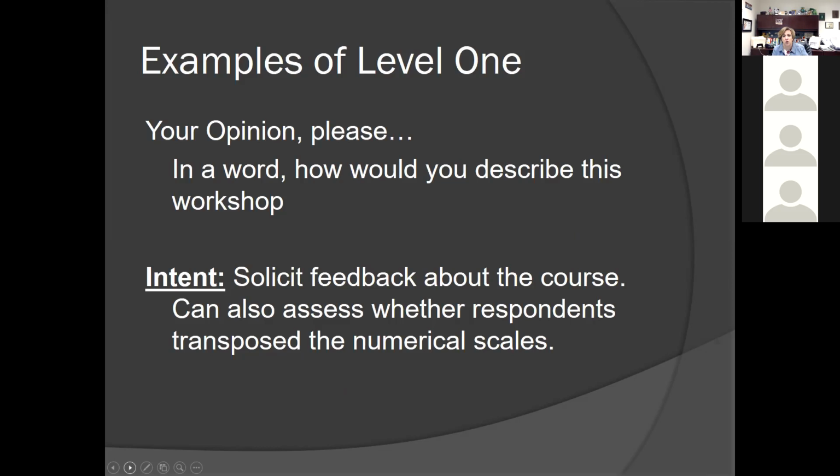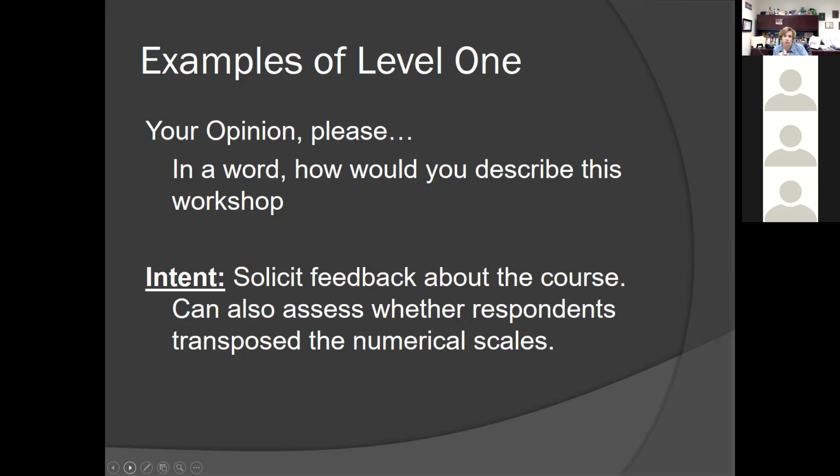You can also ask them on a Likert scale, or on a scale of 1 to 5. On a scale of 1 to 5, how much did you like this program? 1 being the lowest, 5 being the highest. In every program I do, I always have at least one person that inverts the scale.